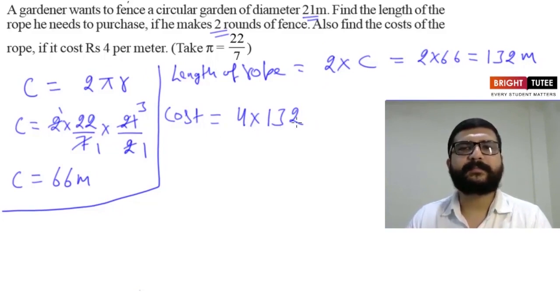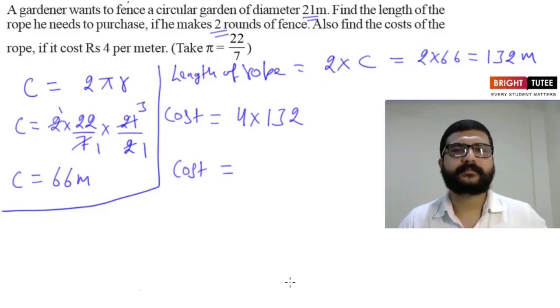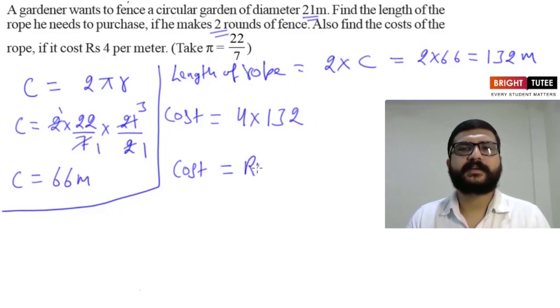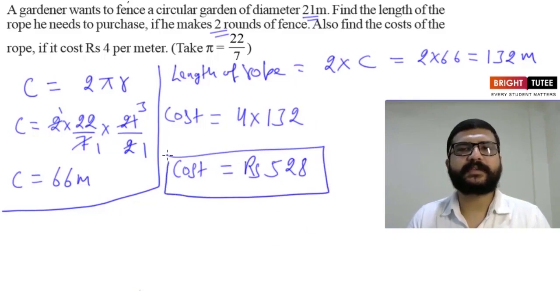Now by multiplying 4 with 132, we will get cost is equal to rupees 528. So this is the amount he has to pay for purchasing 132 meters of the rope.